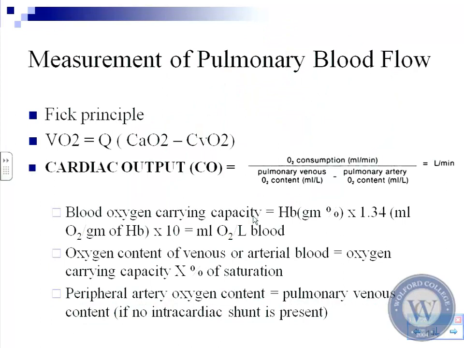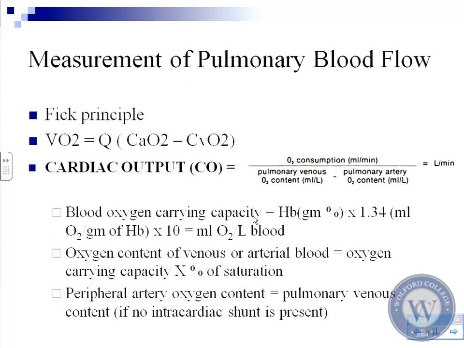Measurement of pulmonary blood flow can be done with the Fick method, and you can use the old equation here, which is arterial carrying capacity minus your venous carrying capacity. The other way is cardiac output, which is oxygen consumption over your pulmonary venous content minus your pulmonary arterial content, which gives you liters per minute. For the test, you need to know what oxygen carrying capacity is.